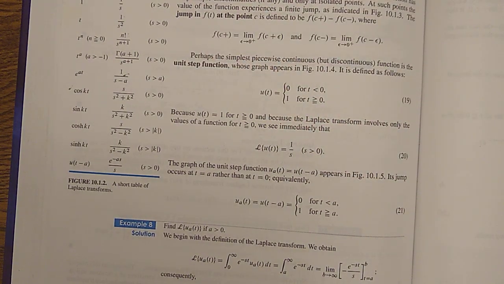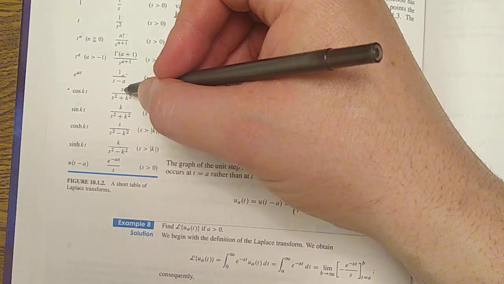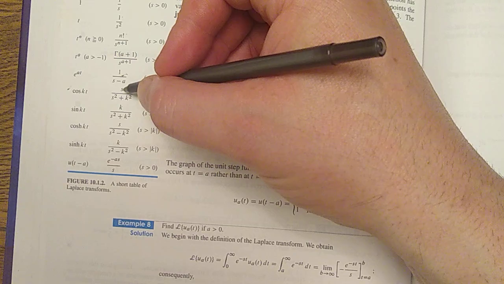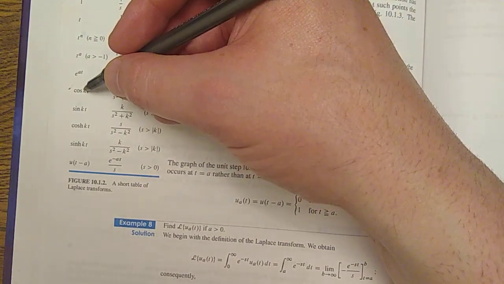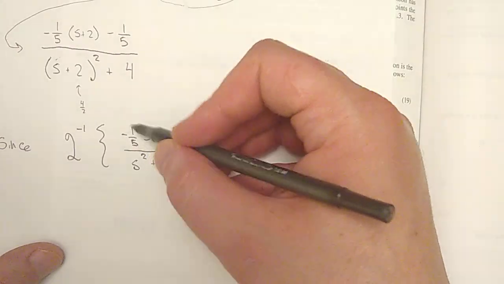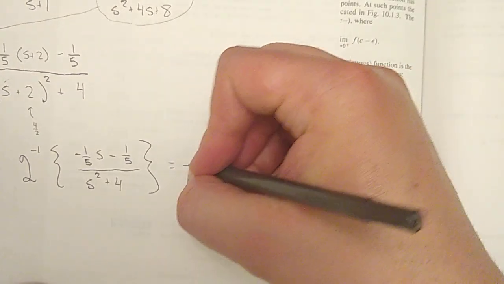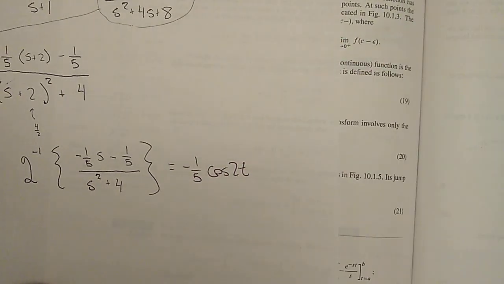If that one would give me cosine 2t, and I've got this minus 1/5 here, then I would get minus 1/5 cosine 2t.